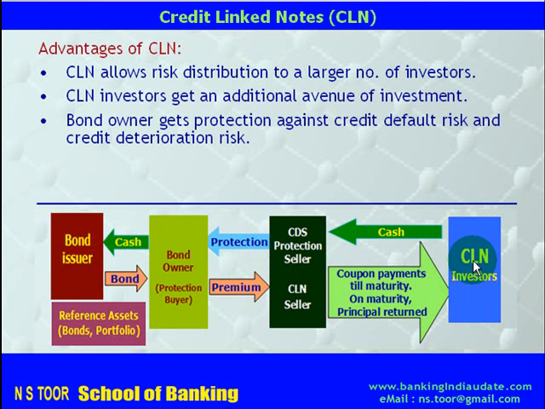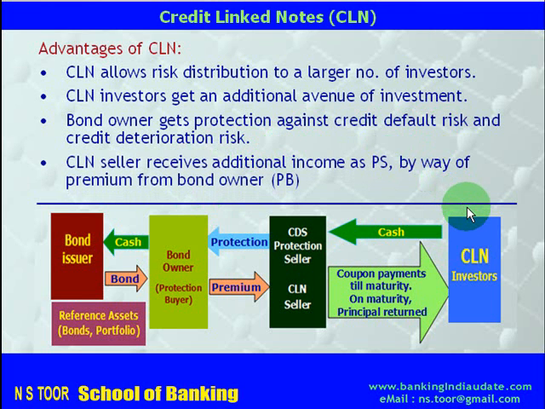And third, the bond owner gets protection under credit default swap against credit default risk and credit deterioration risk. And the CLN seller, as protection seller, receives premium from the bond owner, that is the protection buyer. So this transaction is advantageous for all these people.